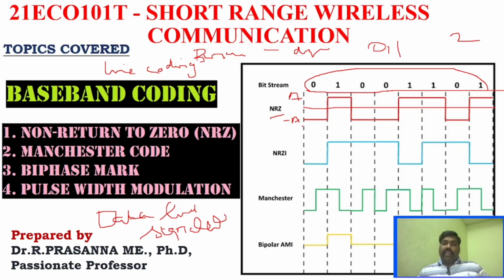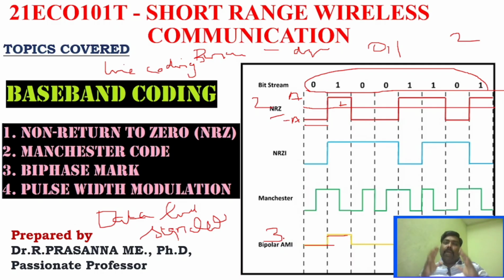Here you can see minus A and also plus A, so this is plus voltage and this is minus voltage. So here the signal levels are A and minus A. You have two signal levels, right? Whereas if you take this particular format, bipolar AMI, you can see it has 0, plus A, and also minus A. So the signal level is 3 here, right? Now you understand what is data level and signal level, right?